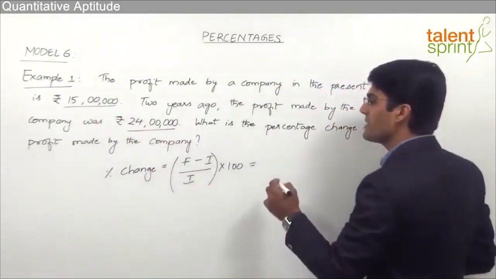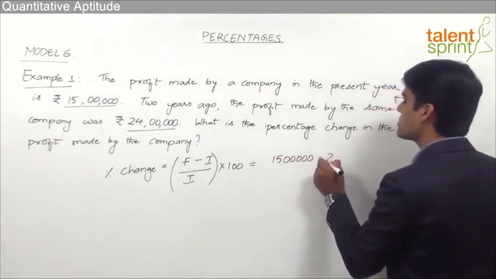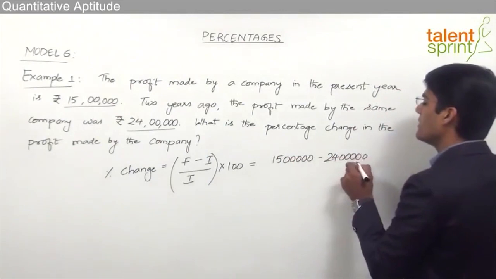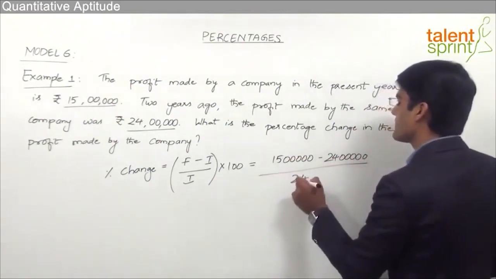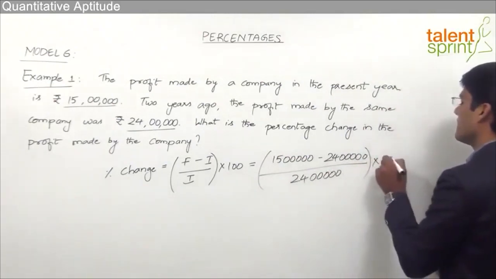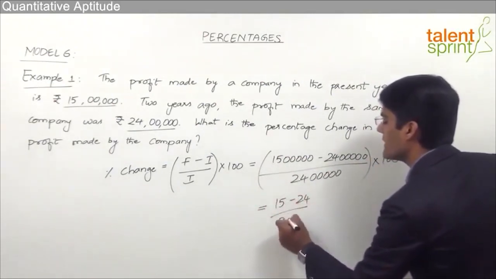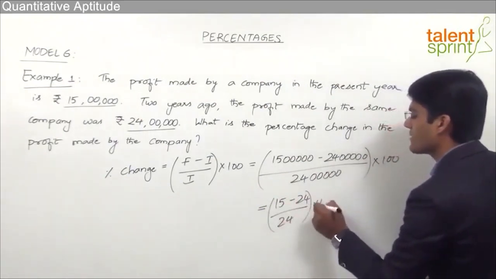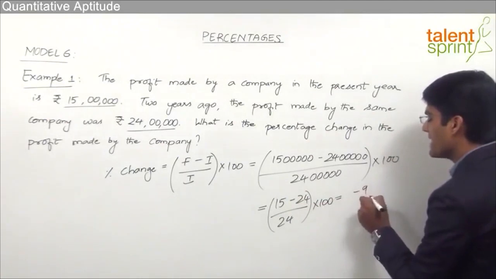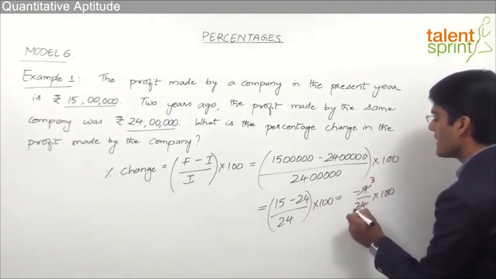So we can say that the percentage change will be 15 lakhs minus 24 lakhs, that is the initial value, divided by 24 lakhs into 100, which is nothing but 15 minus 24 by 24 into 100, as lakhs is common in the numerator and denominator, which is equal to minus 9 by 24 into 100. So this can be taken as 3 by 8.